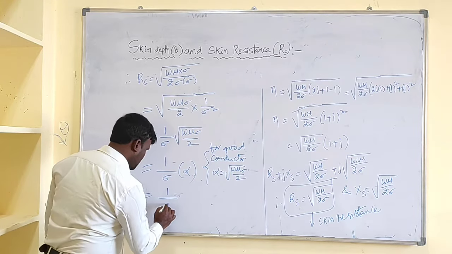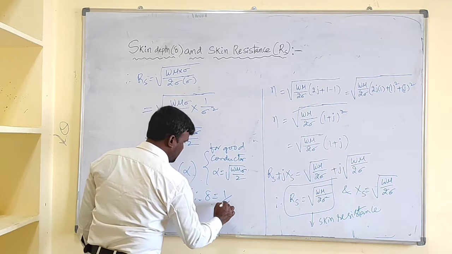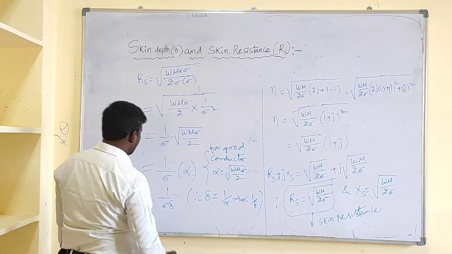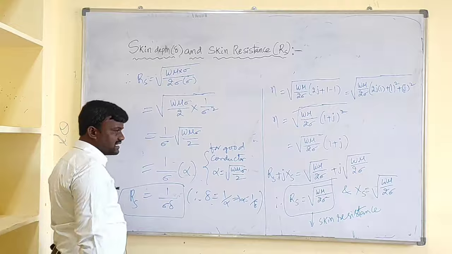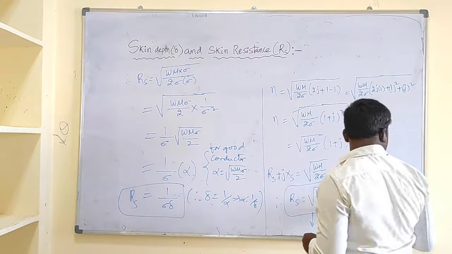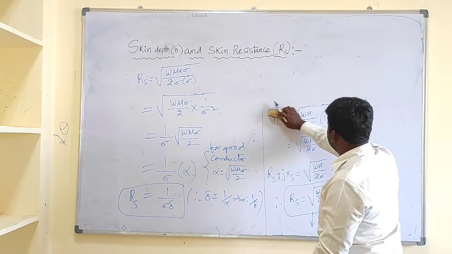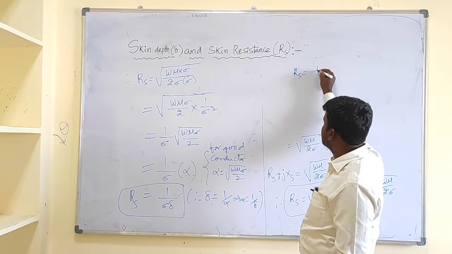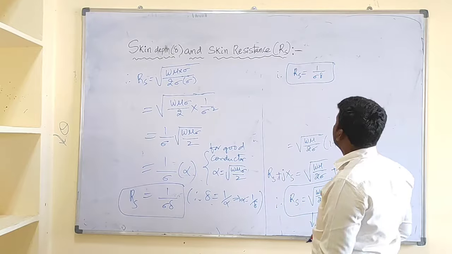So that is 1 by sigma delta. This is Rs, which means skin resistance is inversely proportional to the skin depth. Therefore Rs equals 1 by sigma delta.